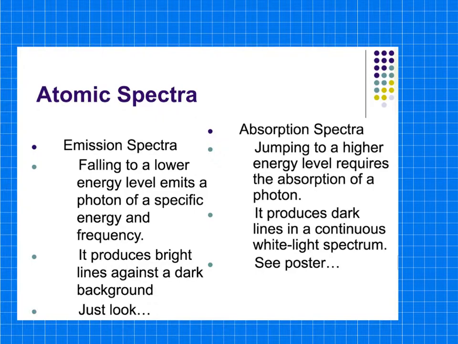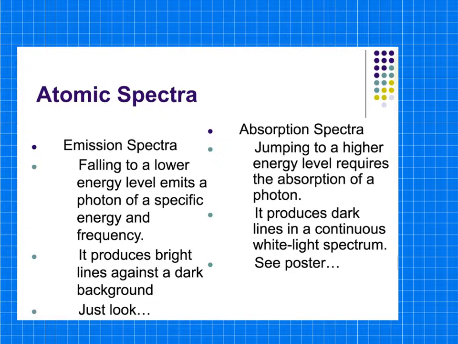It's like the negative of the emission spectrum, if you've studied photography. So absorption spectra is a brightly colored background of all of the different frequencies and black lines that fall on that brightly colored background. So it's just the opposite of the emission spectra.